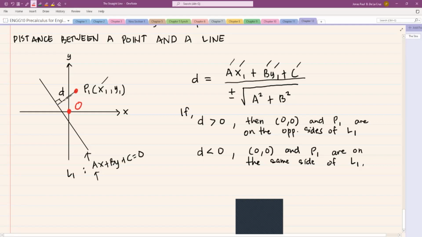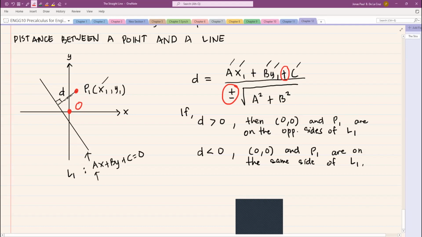how do we know which sign to use here? Positive or negative? Okay? So the rule here: the sign of the radical is chosen opposite that of C. The sign to be used depends on the sign of C. If C is positive, we use negative. If C is negative, we use positive.